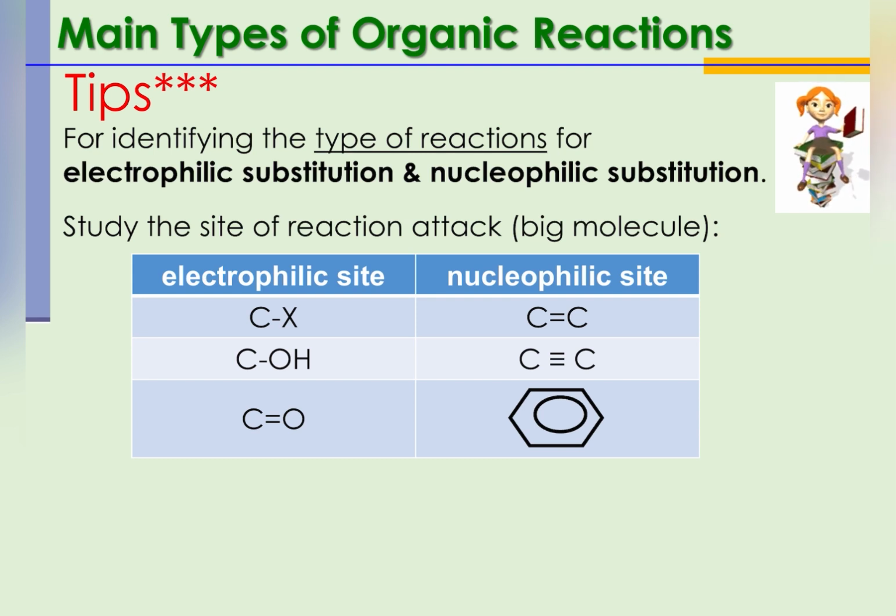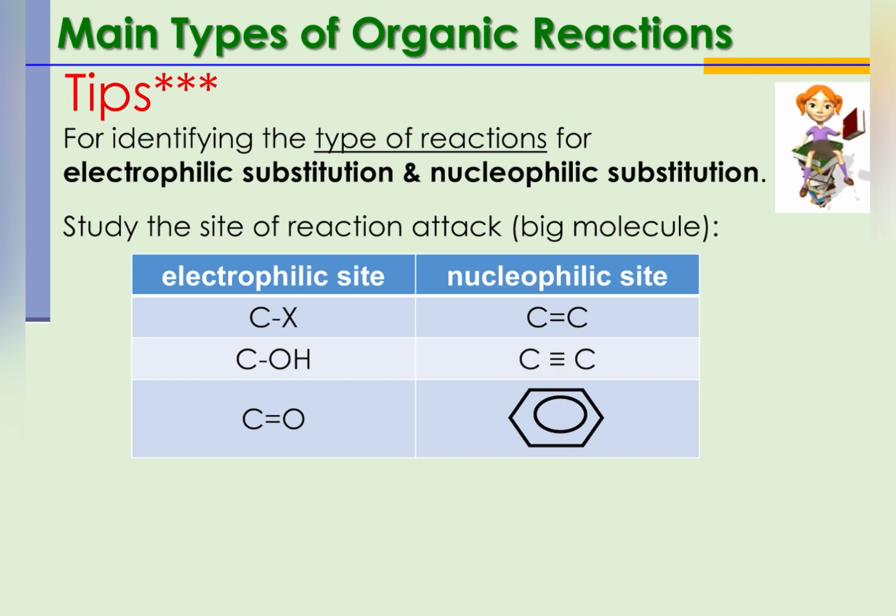For example, if your big molecule is an electrophilic site, such as C bonded to halogen or C bonded to OH group or C bonded to oxygen atom, these examples are electrophilic sites. And the next one, we got nucleophilic site, where there are multiple bonds in their structure.